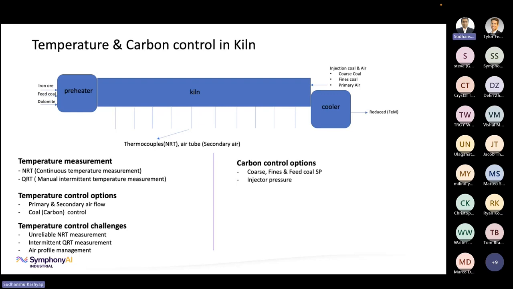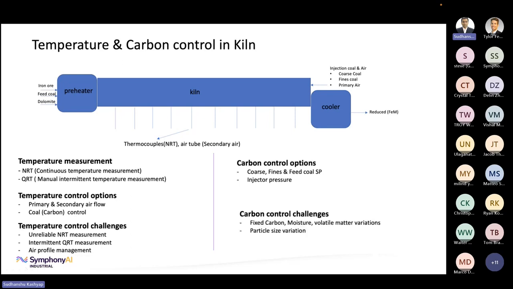The second part is carbon control in the kiln, and we see it is controlled by coarse particle injection, fine particle injection, or feed coal. So these are the three ways of injecting carbon in the kiln. And of course, the injector pressure is another key parameter, which determines how far the injected coal will travel inside the kiln.